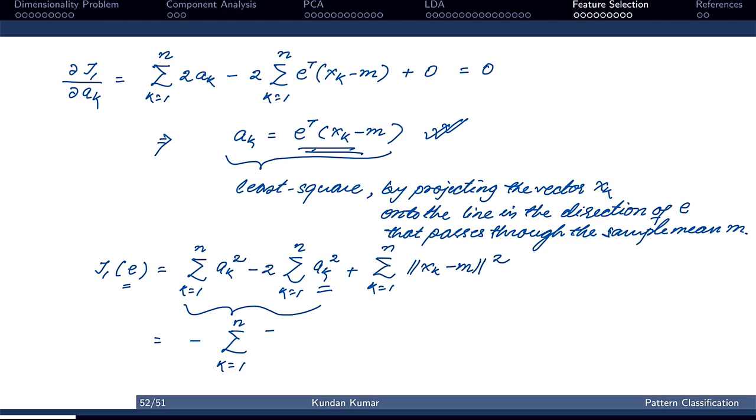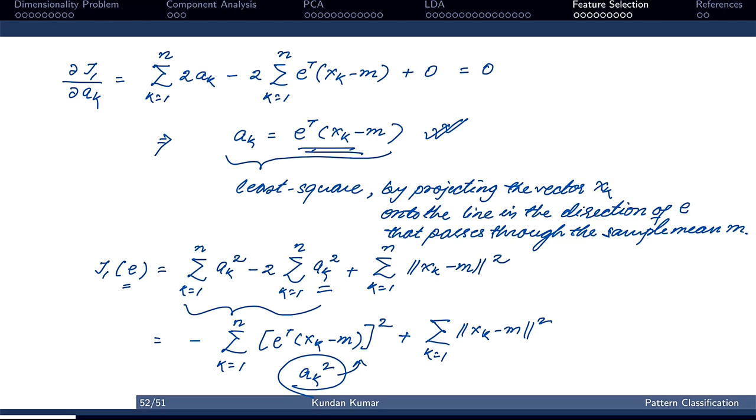So it will be E transpose xk minus m square. Basically this is the AK and this is the AK square, so we just substituted this value, plus summation xk minus m square, k equal to 1 to n.